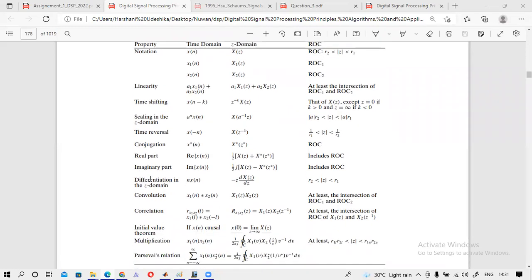We have to do this scaling in the Z domain. We have to use this property. Okay, so this is scaling in the time domain.